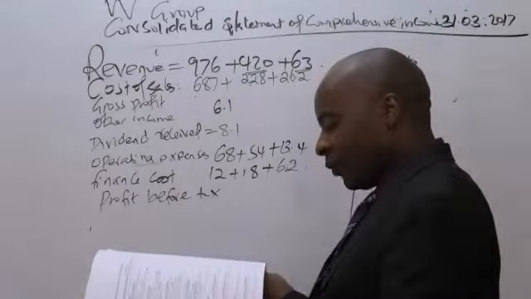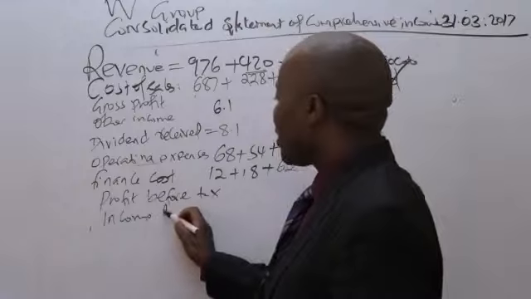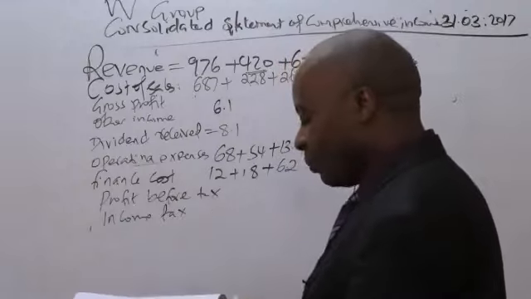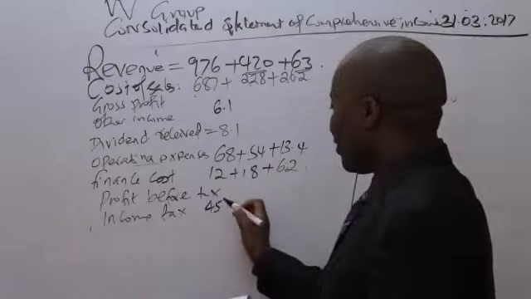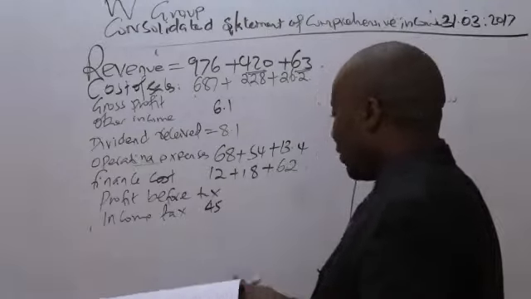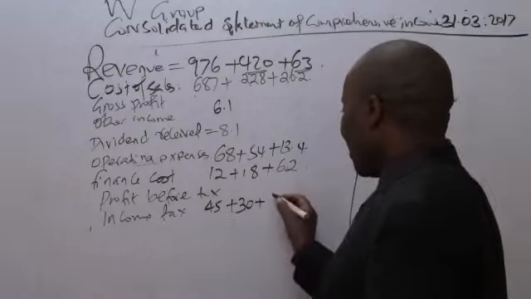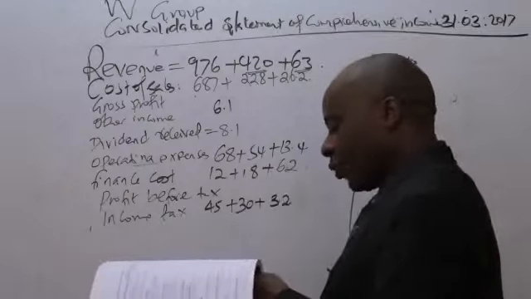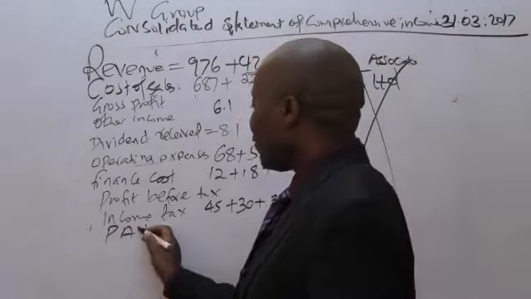After profit before tax, I have the income tax expense. I'm simply putting them together. Income tax is 45 plus 30, and then 3.2, right? And then of course I'll have what we call profit after tax.